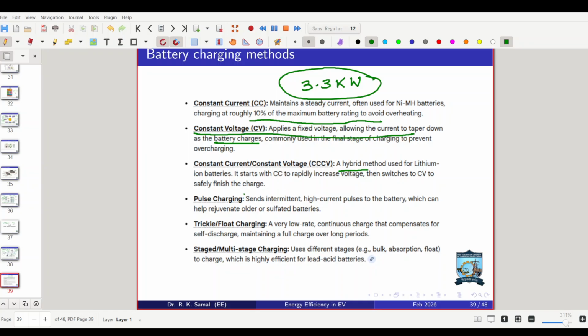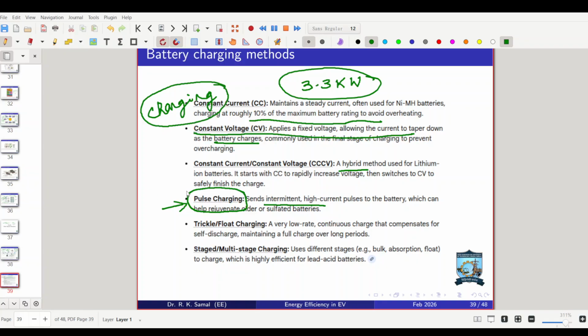Nowadays you will find many new charging stations that come with power electronic devices based pulse charging, so intermittent charging, and it is one thing we must be very careful about. See, the charging method significantly affects battery life, right?